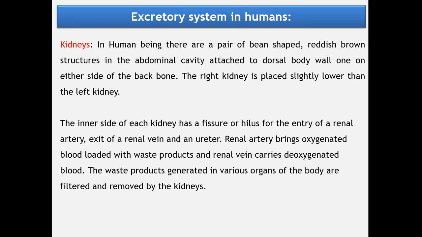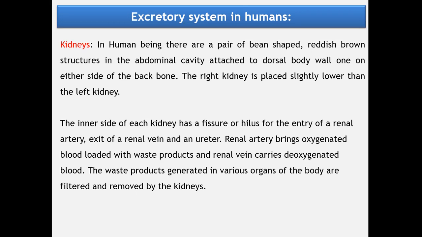That is because of the liver, which is the largest gland in the body. Size and all, we already learnt. The inner side of each kidney has a hilus or an opening, and this opening is meant for the entry of the renal artery, which carries the oxygenated blood to the kidneys, and for the exit of the renal vein and ureter.